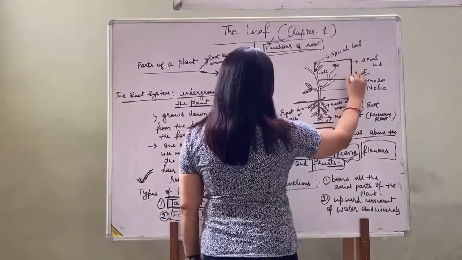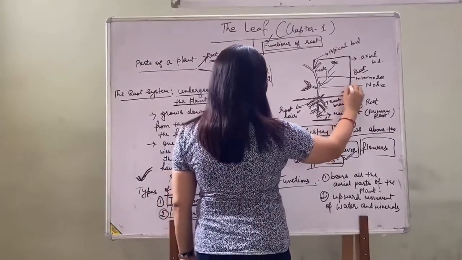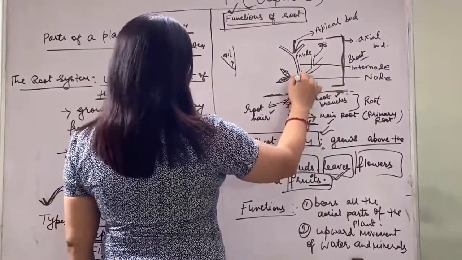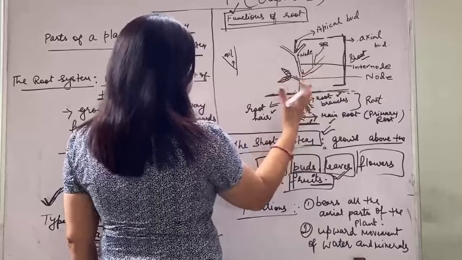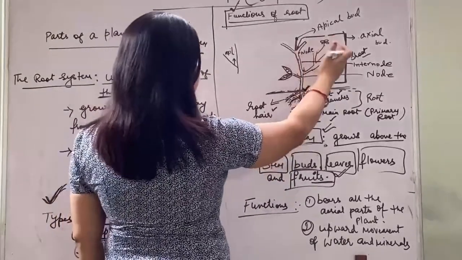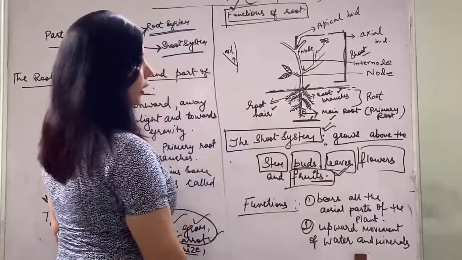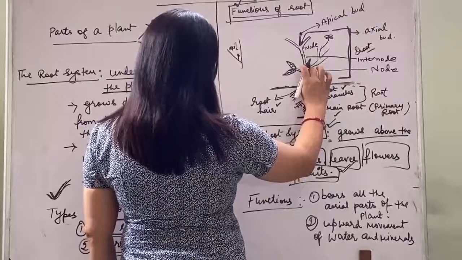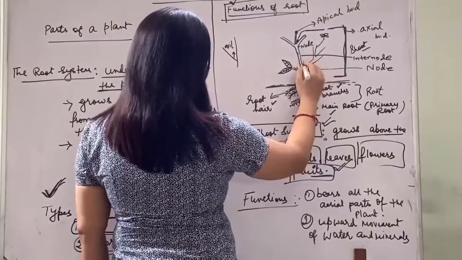The entire part is known as the shoot system, and the main part of the shoot system is the stem. It is the stem which bears branches, leaves, fruits, flowers and buds. You can see that there are some branches coming out of the stem.